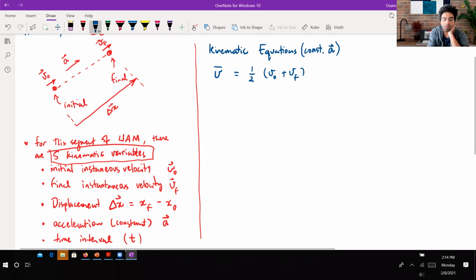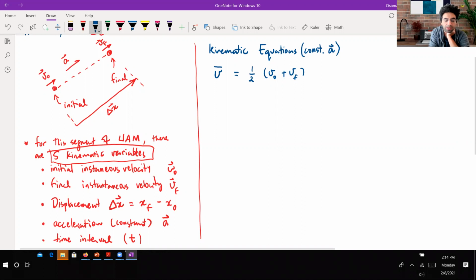Sometimes we drop this F here because if you just label one of them as the initial, then the other one becomes the final. But you can keep it there to remind yourself. It's up to you.